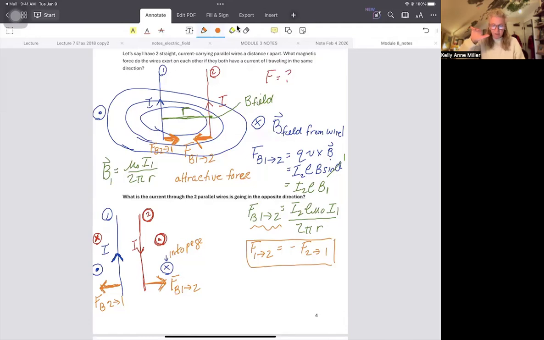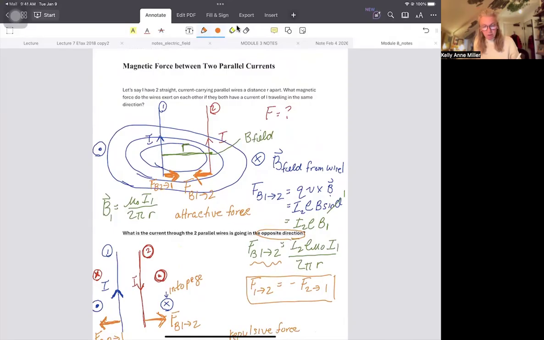So when the current is in the opposite direction, it's a repulsive force. When it's in the same direction, it's an attractive force.